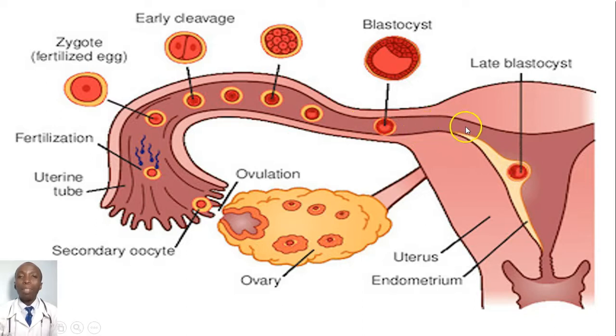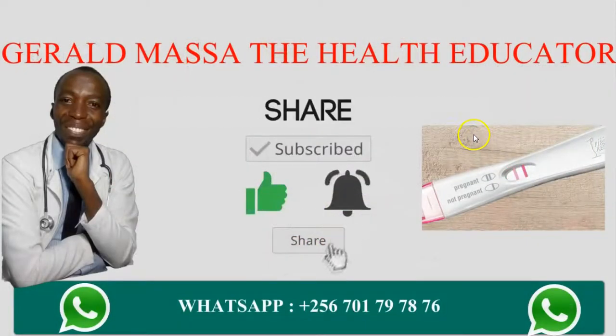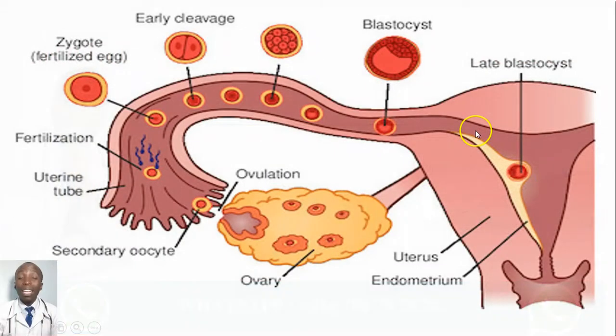As it is dropping down in this corner here, there are women who get pregnant, and we work on them every now and then. We do obstetric scans, but you realize that the fertilized egg can decide to implant or attach here in the upper part, in this upper junction of your uterine lining.